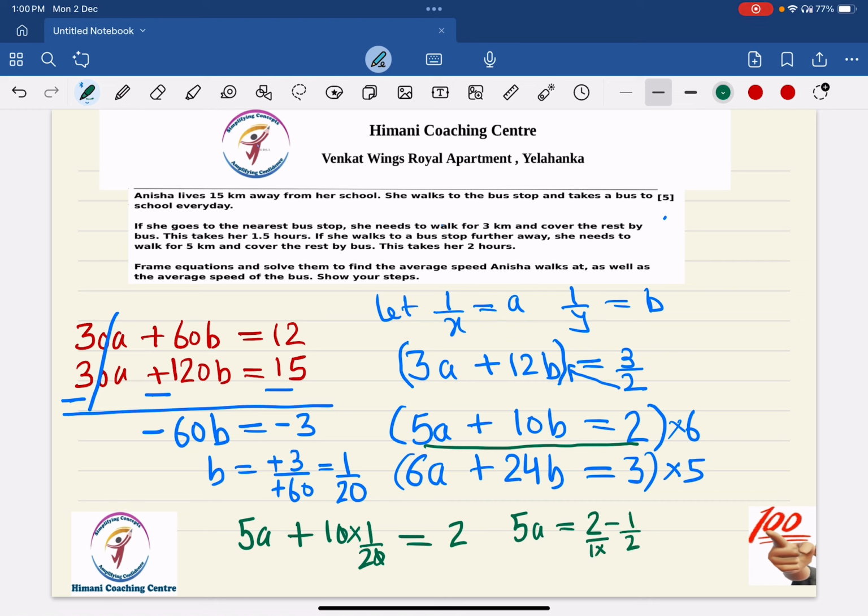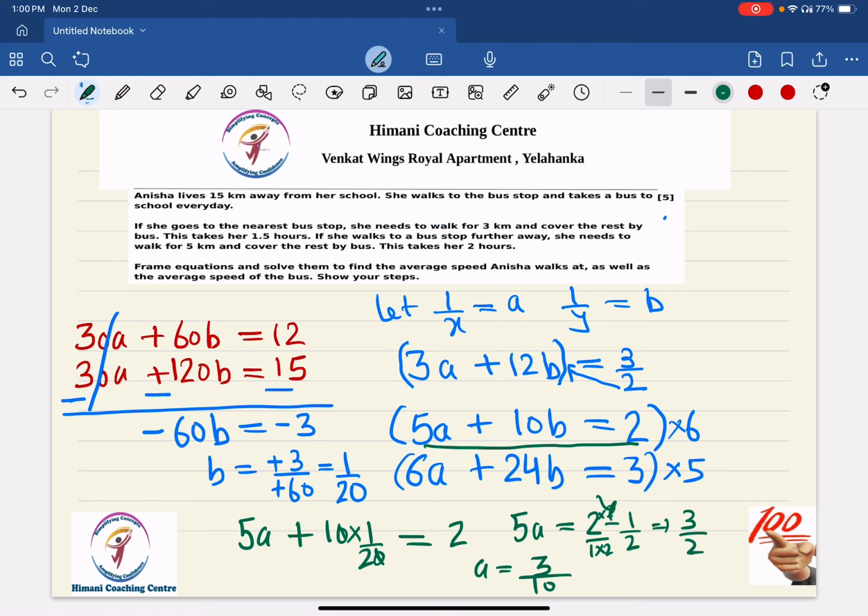You can do LCM into 2 here, into 2 here, so 2 twos are 4 minus 1, 3 by 2, and you get a equals 3 by 10. Okay, because 5a is equal to 3 by 2 and a equals 3 by 10.